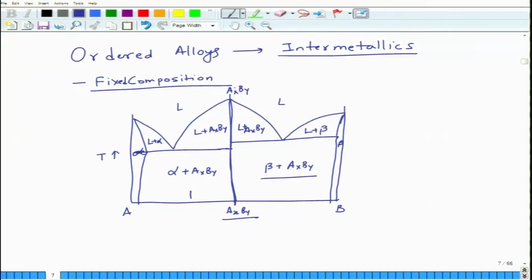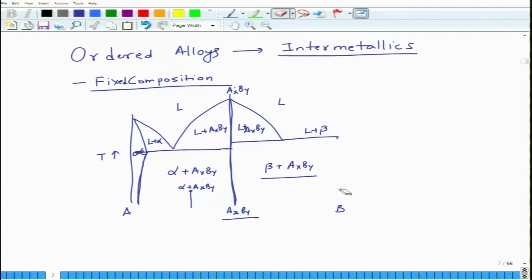If you are standing at this composition, you are in a two-phase regime where you have alpha plus AXBY. You can see that the solid solubility of alpha is changing as a function of temperature. The solid solubility is moving towards the right as you increase the temperature. Similarly, the solid solubility of beta phase also changes. It is not drawn very neatly. Let me draw it a little neatly.